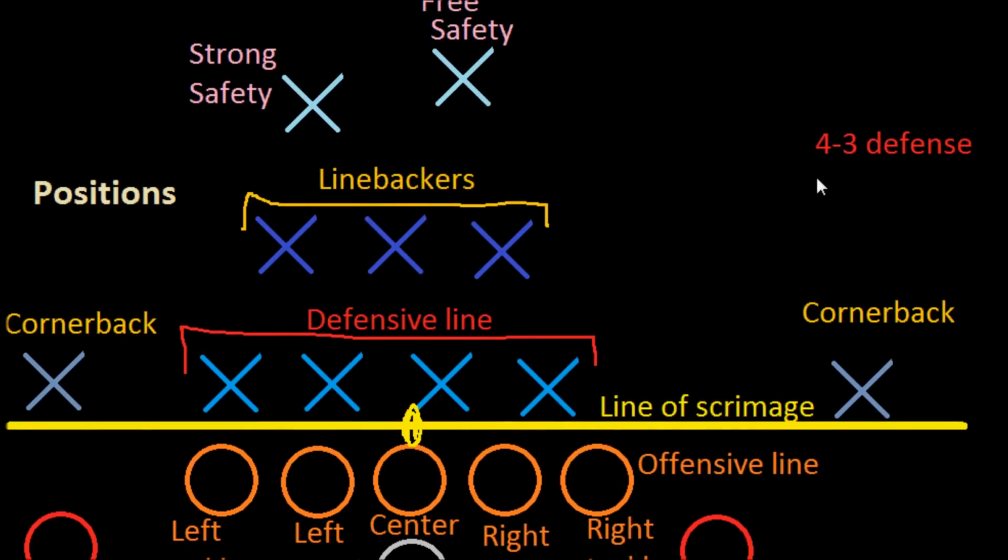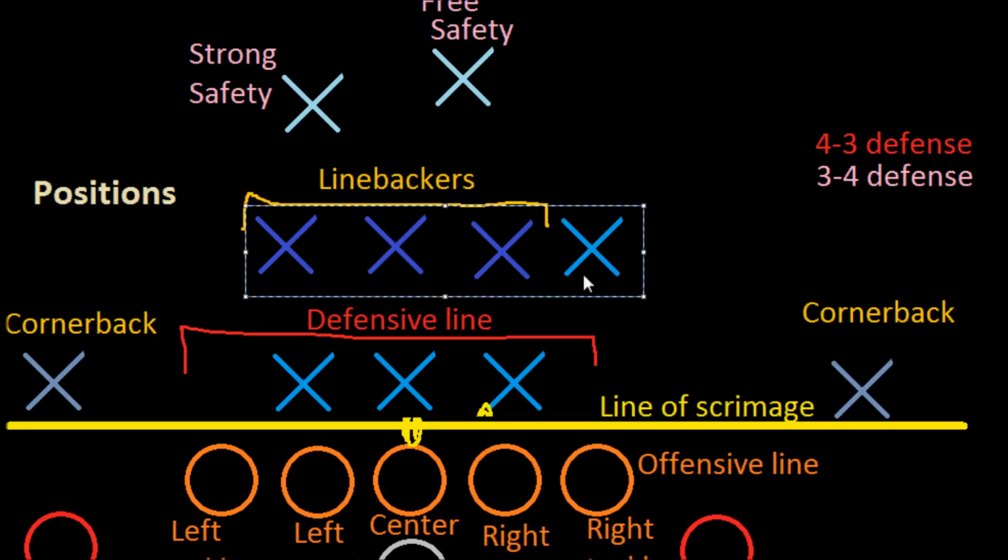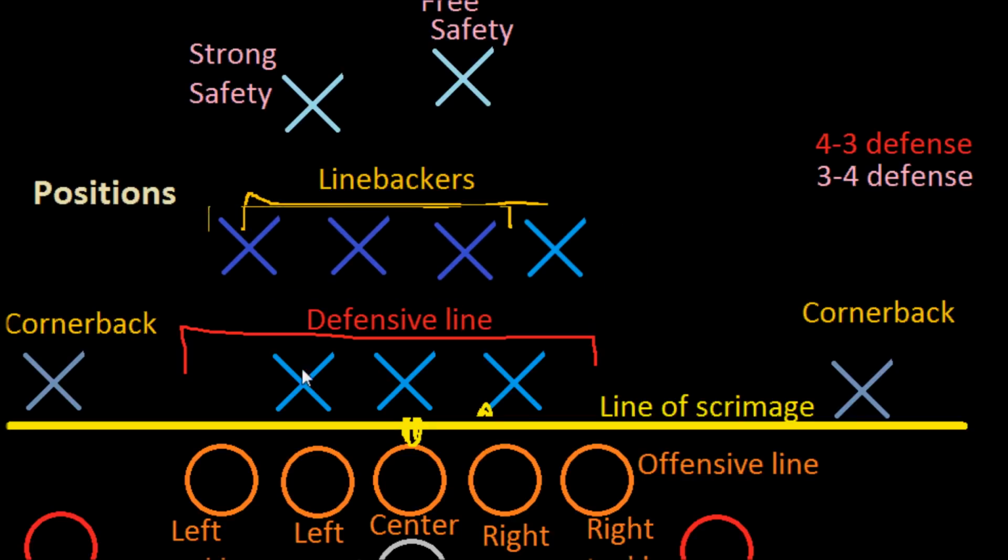The other common way that you might see guys line up instead of a 4-3 is a 3-4 defense, which would simply mean that one of the linemen will actually move back into linebacker, and so you will have then 3 linemen, and they would move over in the middle there, and then you would have 4 linebackers, so that would be the 3-4 defense then. And really these guys can stand wherever they want.